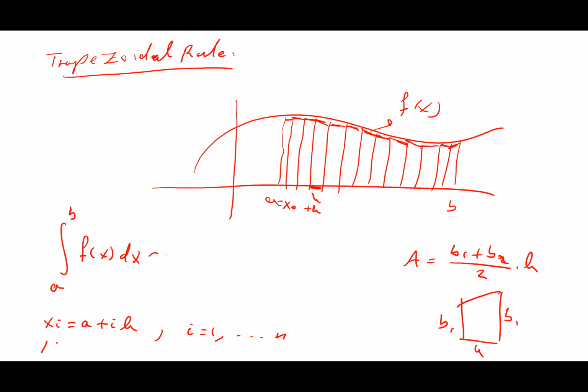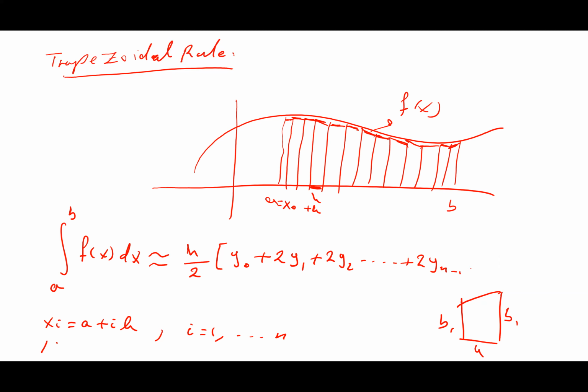And now this integral of f of x dx can be written as h divided by 2, multiplied by y0 plus 2 y1 plus 2 y2, up to 2 y n minus 1 plus yn.